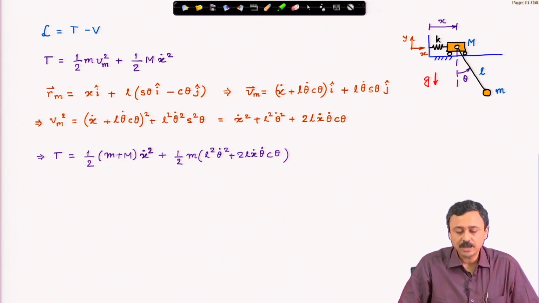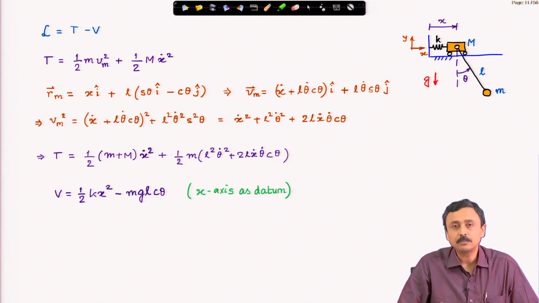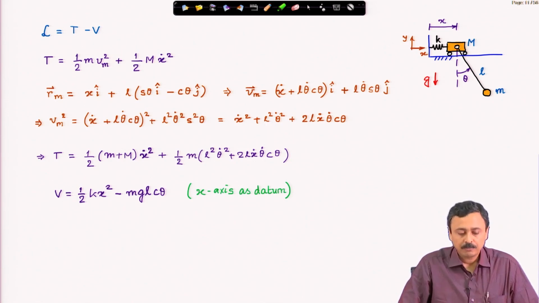You will notice that we have used the generalized coordinates and their rates. Now, the potential energy expression: we have potential energy because of the spring and gravitational potential energy for the bob of the pendulum.